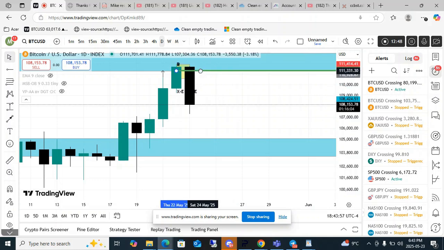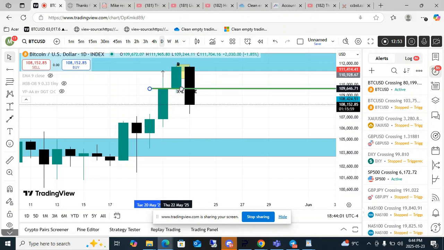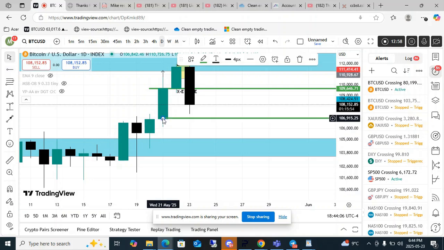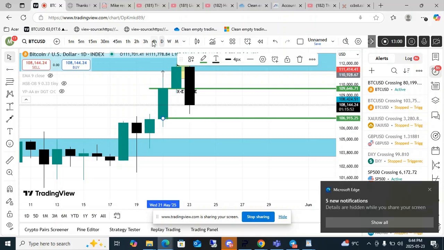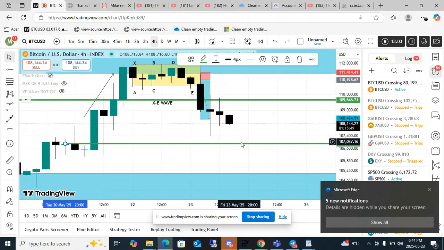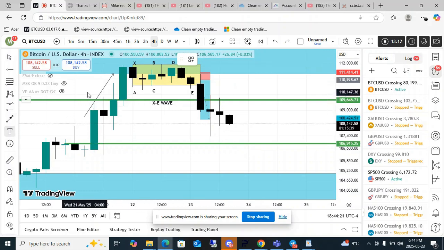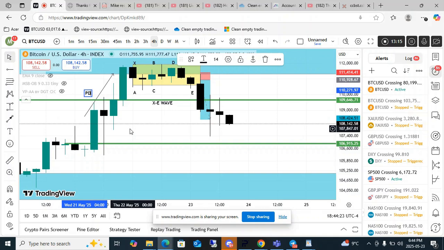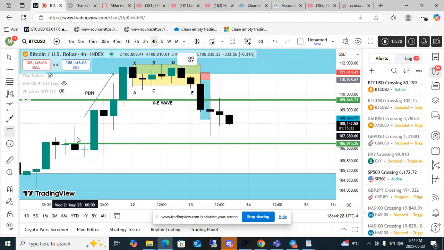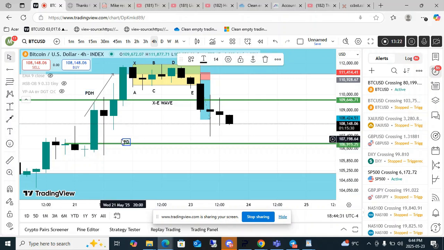I think when I took this trade, this was my previous day high, and this was my previous day low. Yeah, it should be.